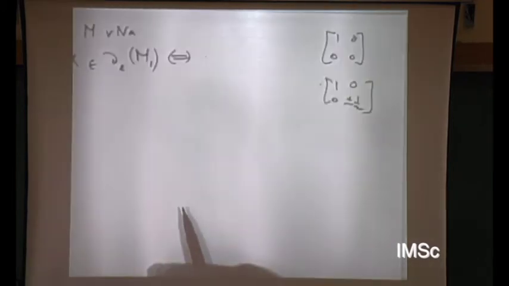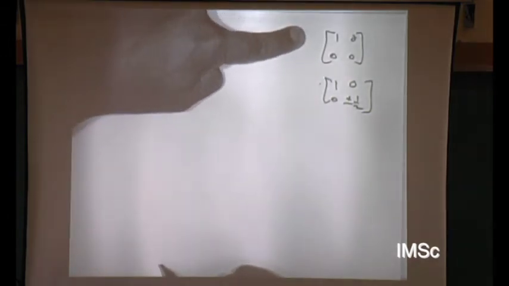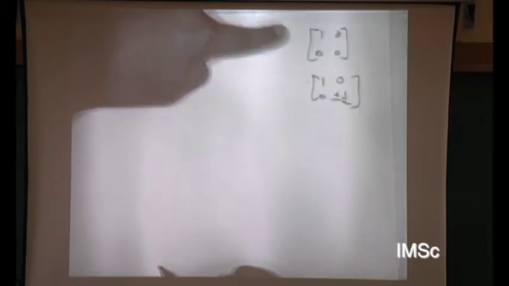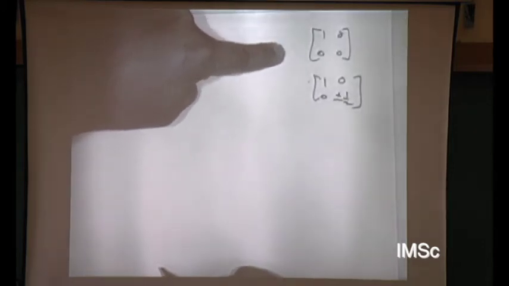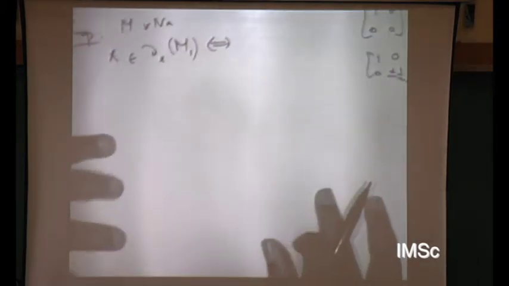That also has norm 1, and the average of these two is this. So this is not extreme. In fact, one can show that the extreme points of the unit ball of M_n(C) are exactly the unitaries. Actually, that's a good exercise. You should be able to prove that.